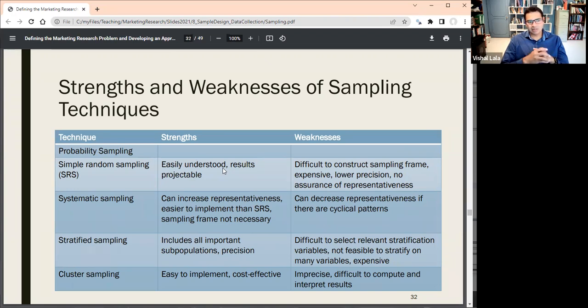Amongst those, you've got simple random, systematic, stratified, cluster sampling. Theoretically, simple random sampling should just work. But if you don't think it's going to work well enough, you could use stratified or cluster sampling if you feel like it might address some of the issues with simple random sampling. Systematic sampling was probably more popular to use when we didn't have the benefit of computers choosing for us a random set of observations.